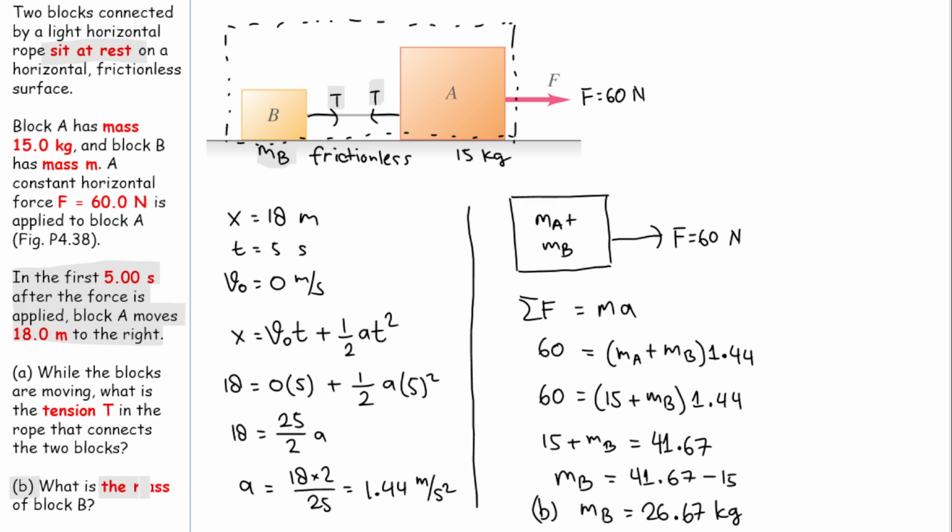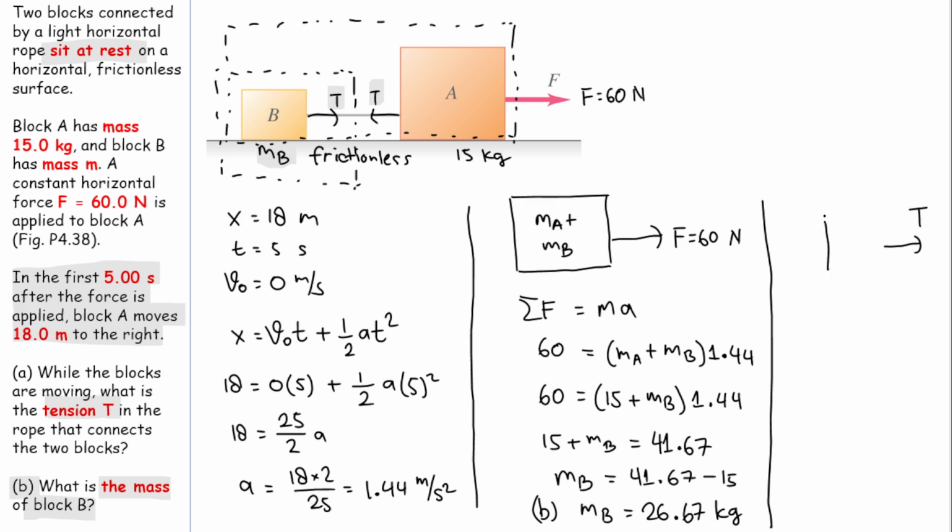Okay. But we need to find the tension T, right? So how to answer that? We need to look at block B only. In block B, the only force pulling it is the tension, right?